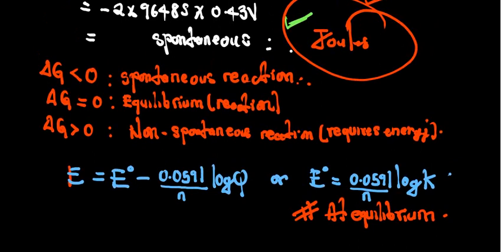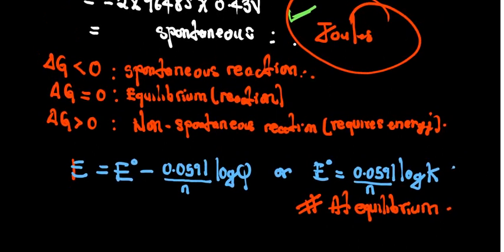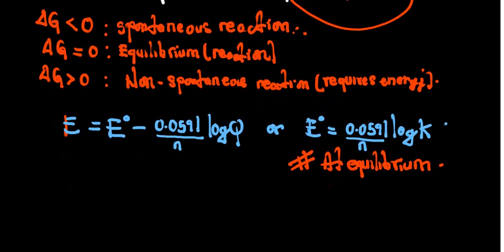And then while you're using this formula here where you're finding the energy, just know that you've got the E cell here, 0.059 over the N. The N is the balance in mole ratio equation. Then the log Q, we're talking about the concentrations of the products over the reactants.